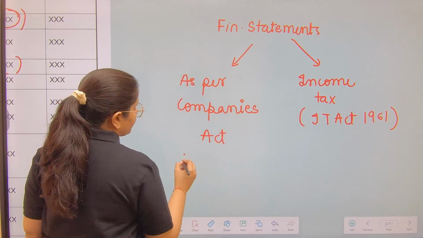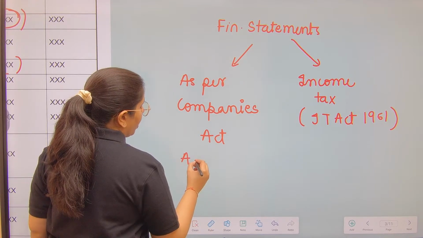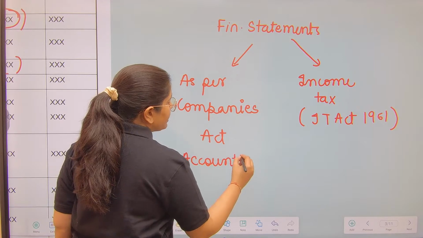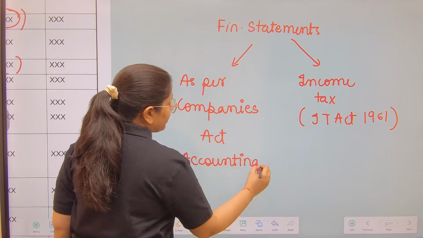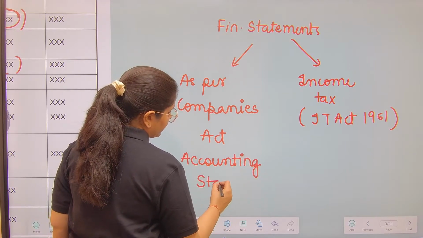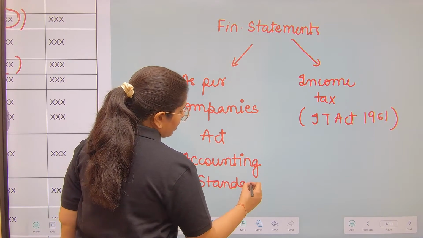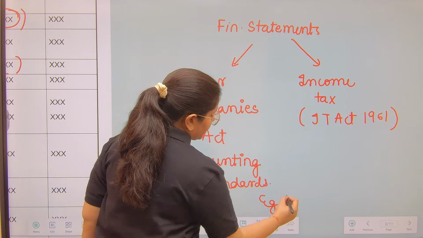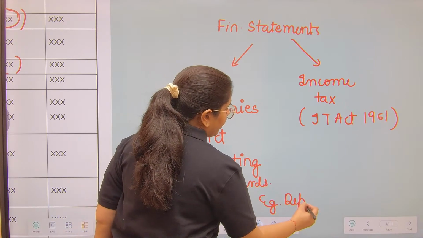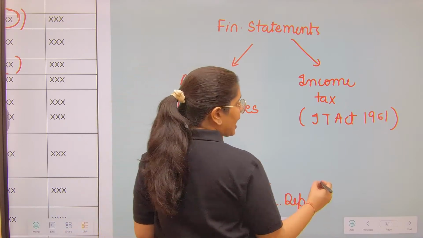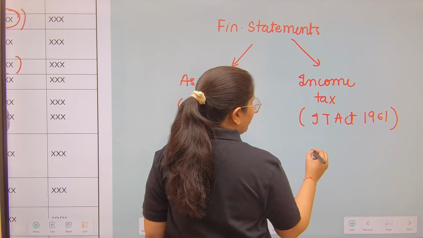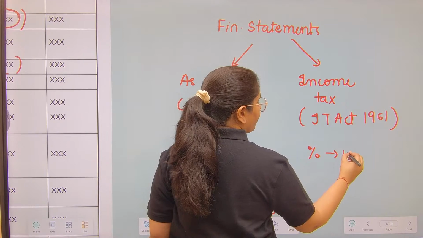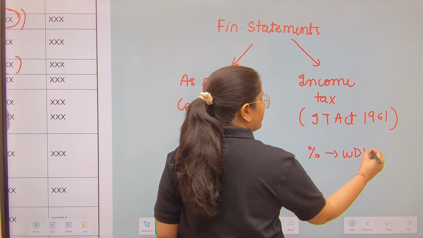Like you prepare as per the Companies Act, you follow accounting standards, right? Accounting standards and the Income Tax Act sometimes differ on various aspects. One good example of it is the calculation of depreciation. The Income Tax Act says to calculate depreciation with percentages already given in the Act, and you have to calculate them on the WDV basis.